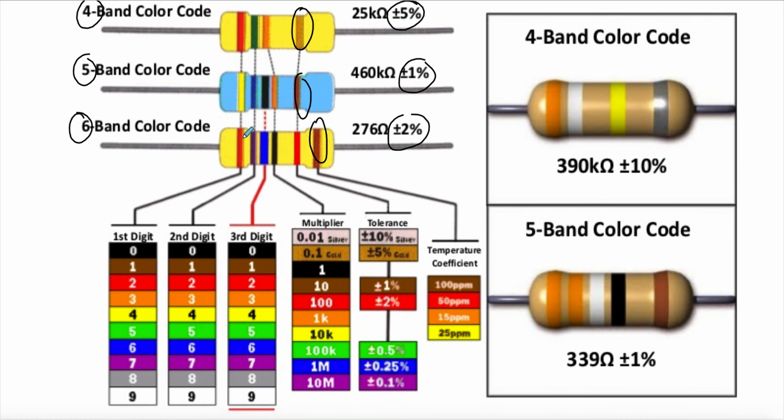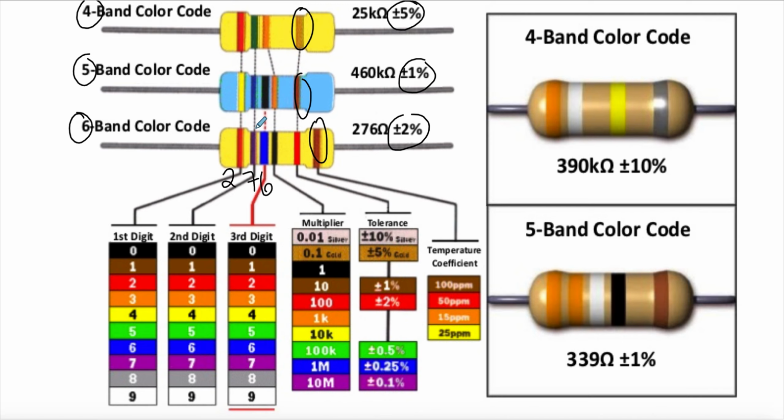So if I'm looking at this resistor right here, the first digit is a red, that's going to be a 2. Second digit, that's a violet, so that would be a 7. And then the third digit is a blue, so 276. And then this one is going to tell me my multiplier.